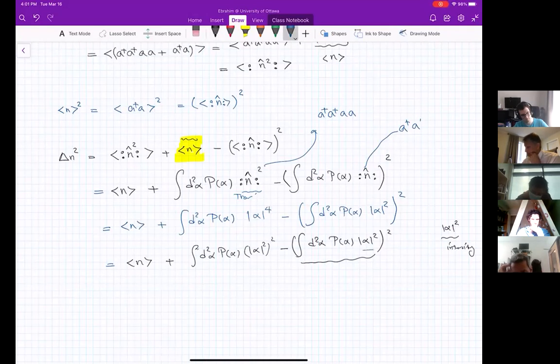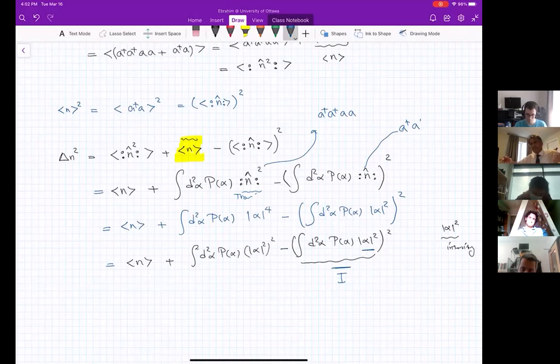Felix, this is intensity, right? Intensity averaged over the probability distribution.